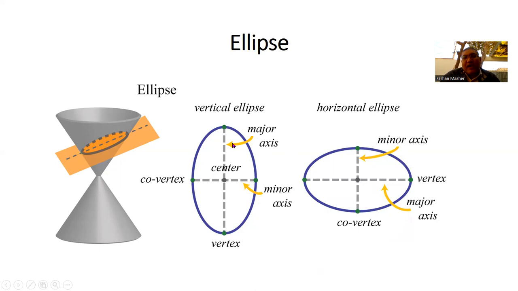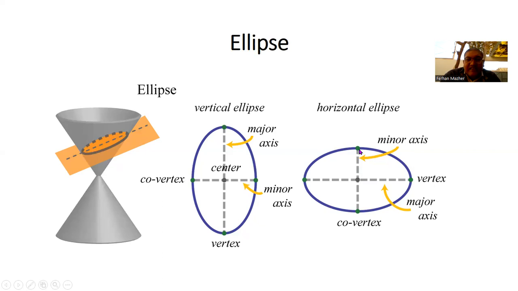If you have a vertical ellipse, this will be the major axis, this will be the minor axis, and this will be the center of the ellipse. If you have a horizontal ellipse, then this will be your minor axis, this will be your major axis, and this will be the center of the ellipse.